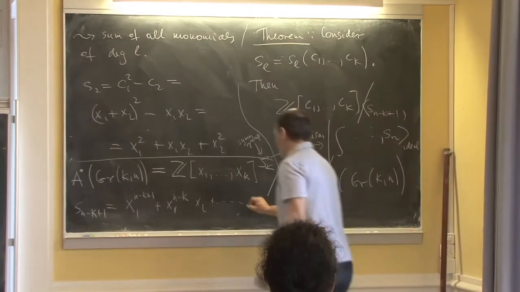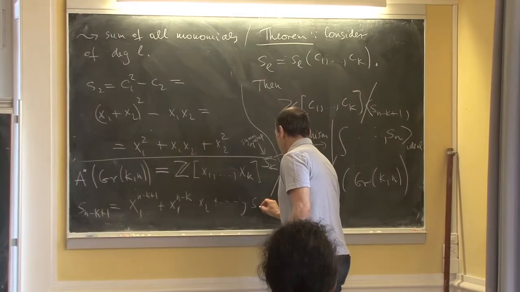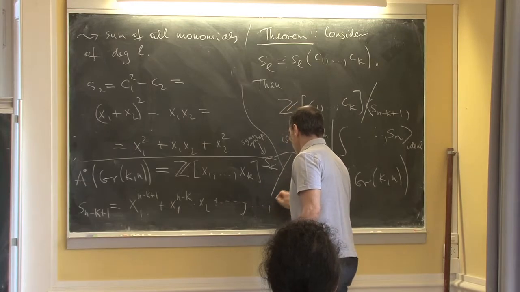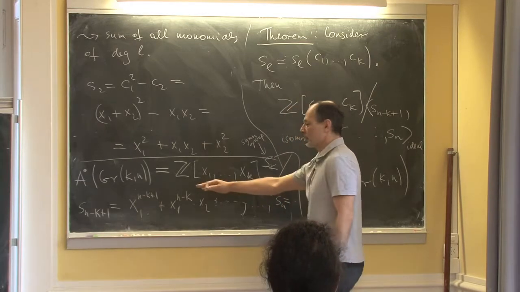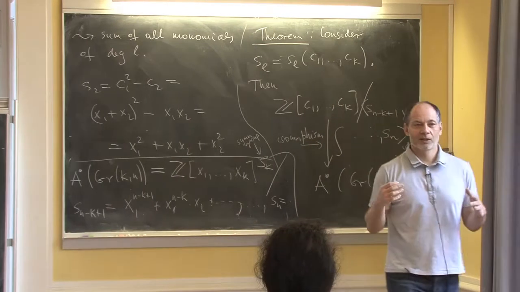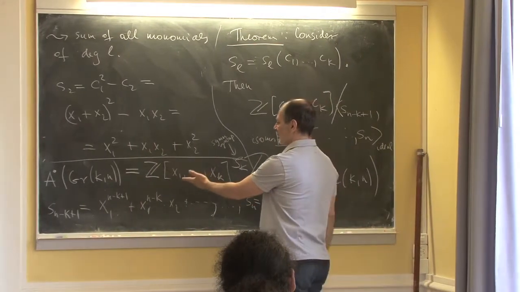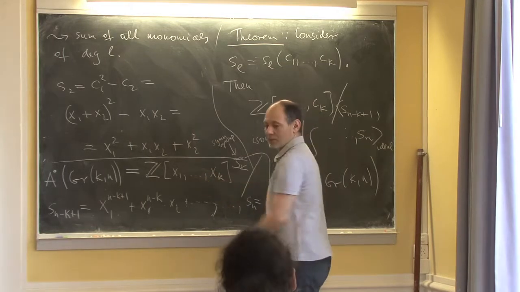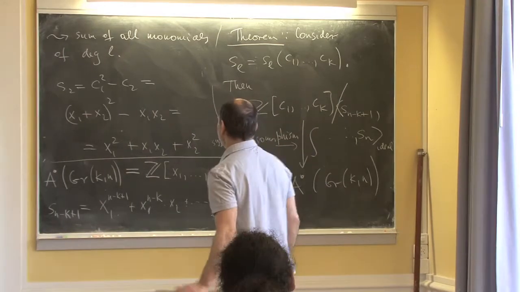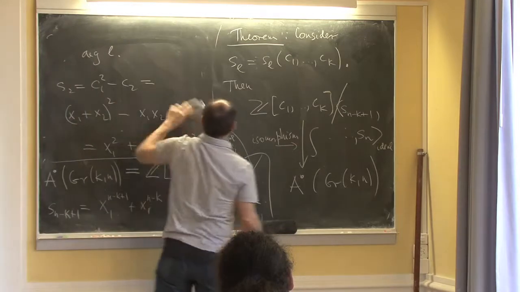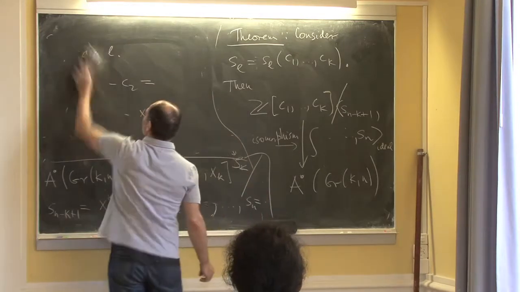And then you do the same with the next one, etc., all the way until S_n. You can write them out again. It's a little hard to see precisely what's happening, but that's the formula. So maybe we can write it out completely for just the case 2,4, so that you see what I mean.